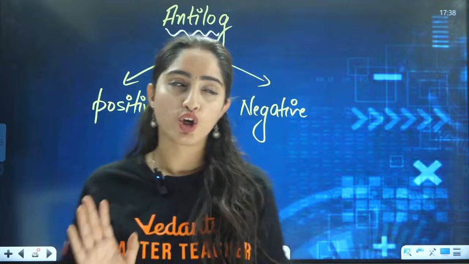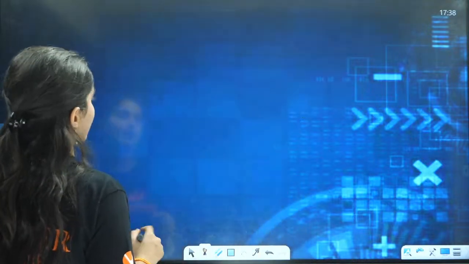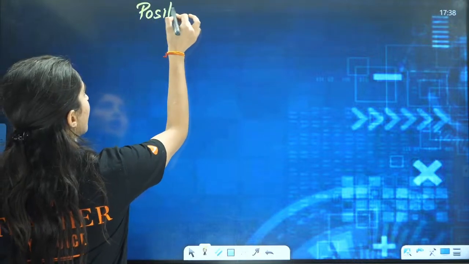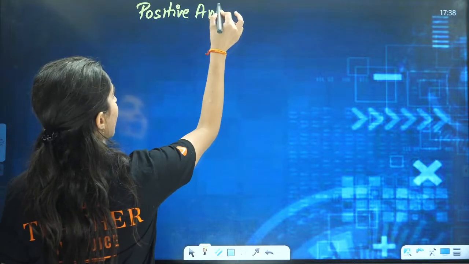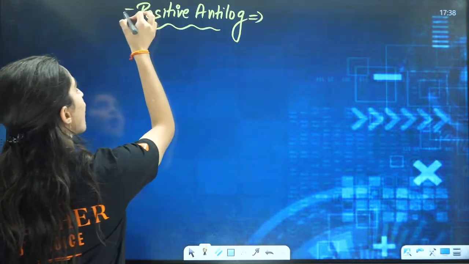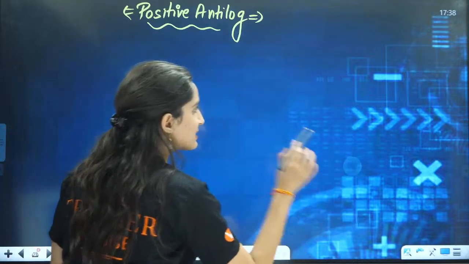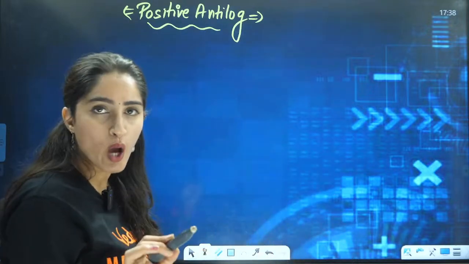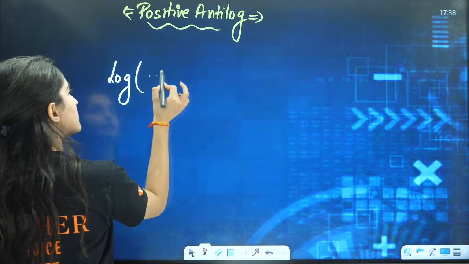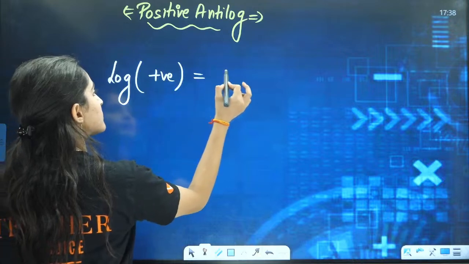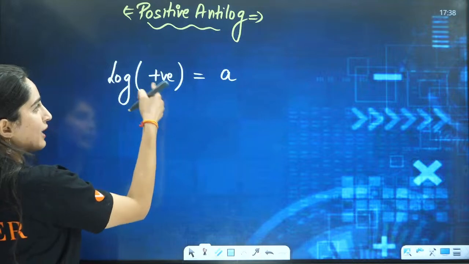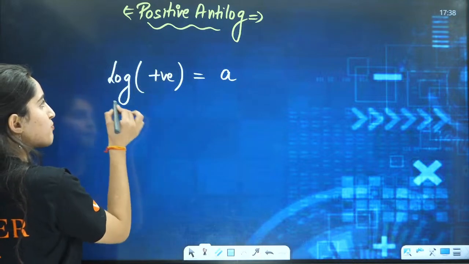Now I'll tell you a very simple way to calculate positive antilog. Positive antilog simply means that inside the log you have a positive value. If this is a positive value, let it be A, then this is called positive antilog.